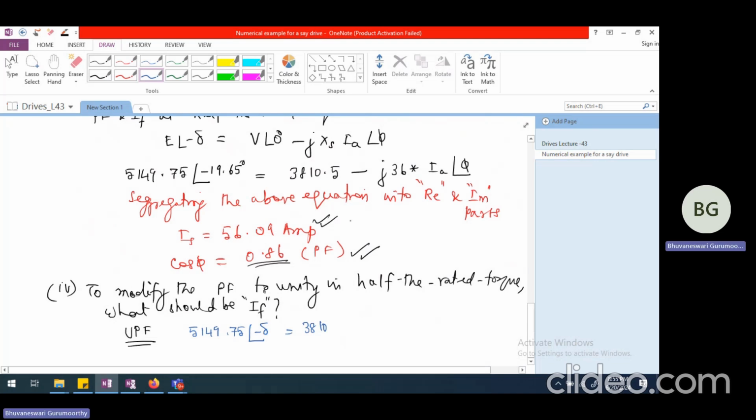Wait a minute. If we are modifying IF, then even E will not be a constant. So we cannot write E as a constant.